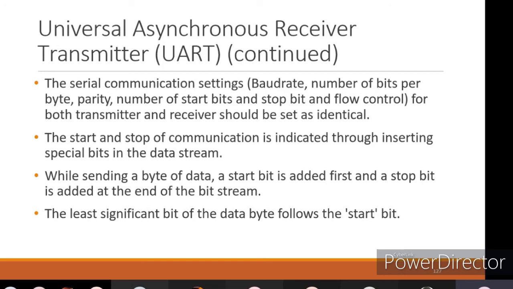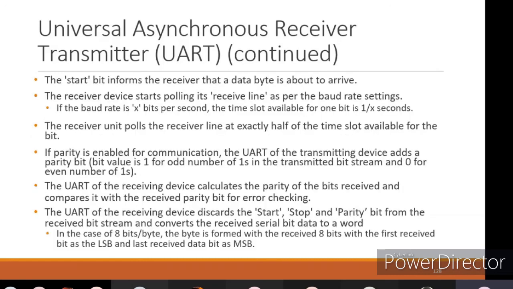While sending a byte of data, a start bit is added first and a stop bit is added at the end of the stream. The least significant bit of the data follows the start bit, and the start bit informs the receiver that the data byte is about to arrive. Okay, if the start bit is received, the data byte is about to arrive.